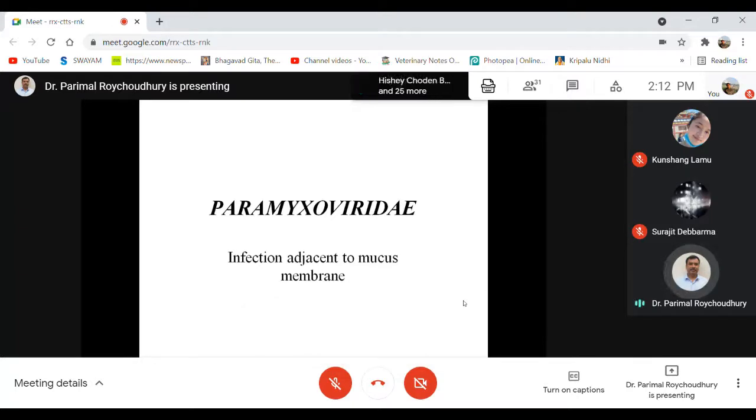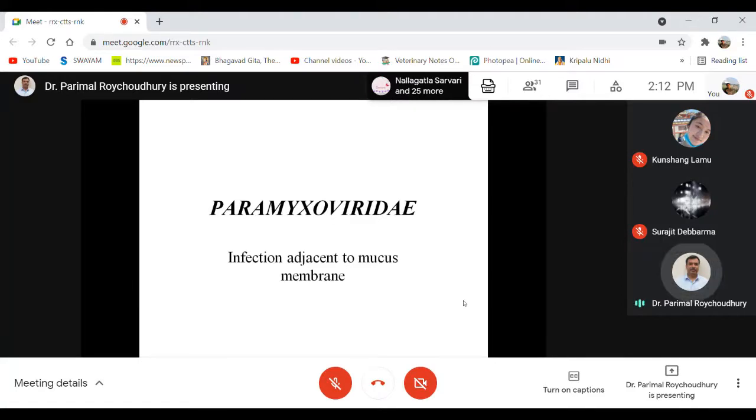So this is another RNA virus family, Paramyxoviridae. This particular grouping is really based on the type of infection they produce. This group of viruses targets the mucous membrane, just adjacent to the membrane.